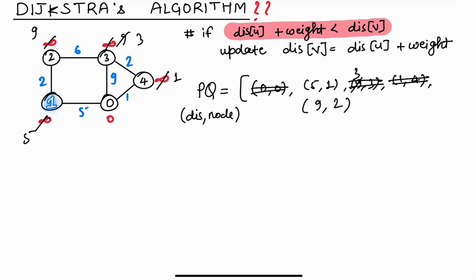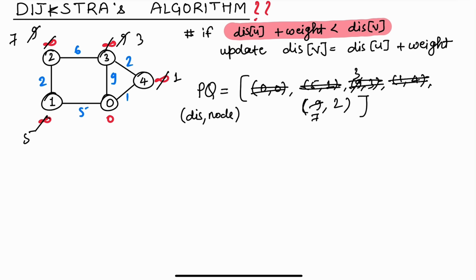So when we go to 2, what we see is distance of 1, that is 5, plus weight, that is 2, which is less than 9. So what we do is we update the distance of 2 to be 7 and we pop 5 comma 1, and we update here 7.